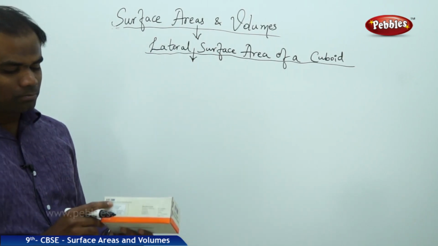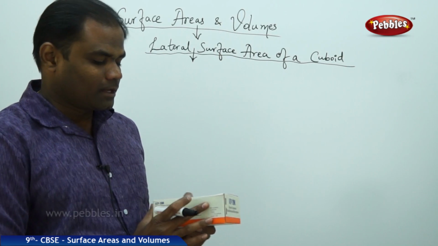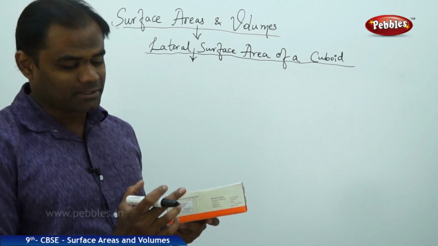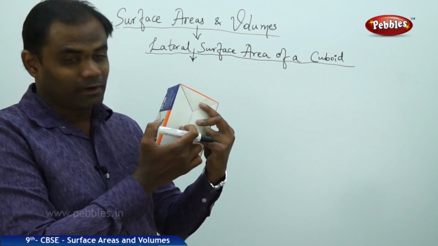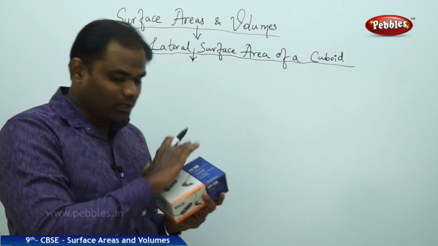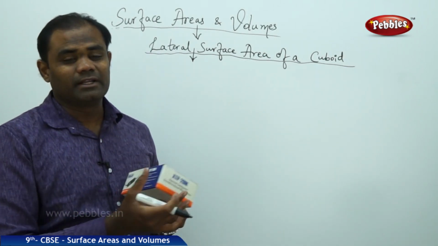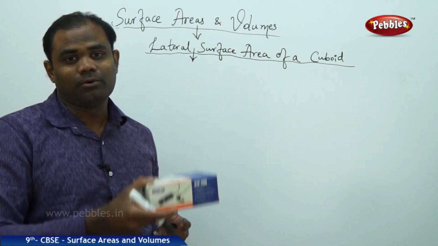So here is a cuboid with length, width and height. Now as we have seen that there are 6 faces, 1, 2, 3, 4, 5 and 6, the top and bottom. So if you add each of the 6 faces, we get the total surface area of this entire cuboid.